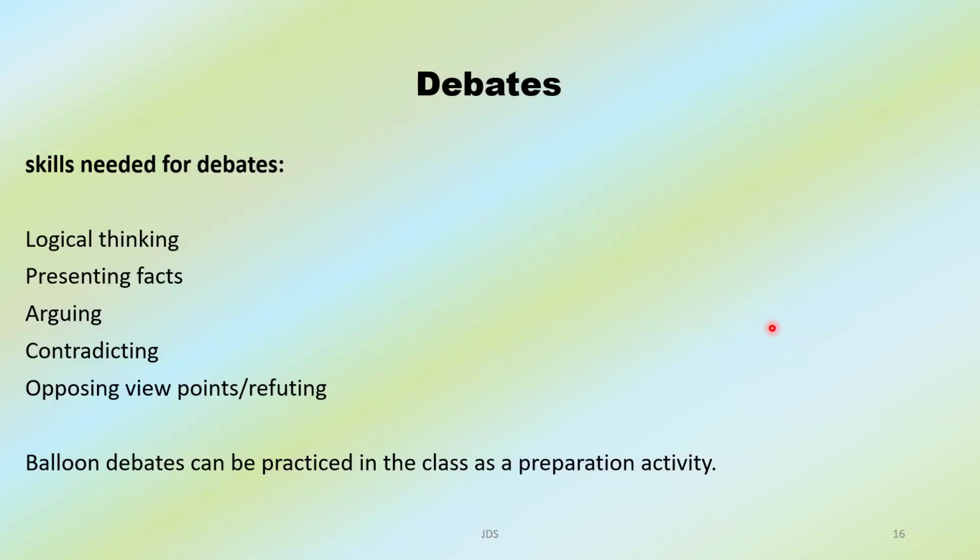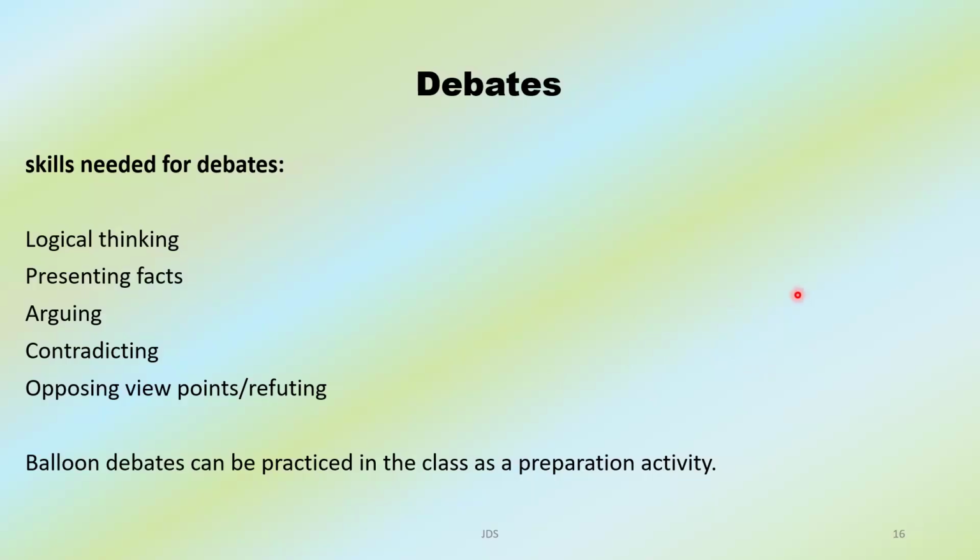We can decide who those characters are. And we tell them, now you be the president, you be the doctor, you be the pregnant mother. Likewise, we assign characters to the learners.